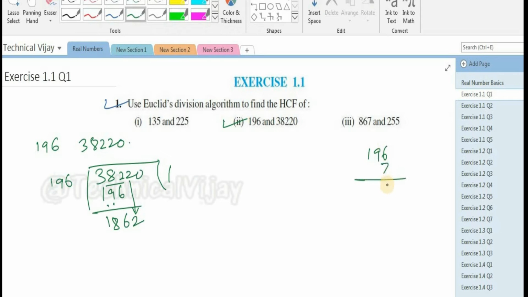196 into 7 will be 1372, which is less, so 9 will go.